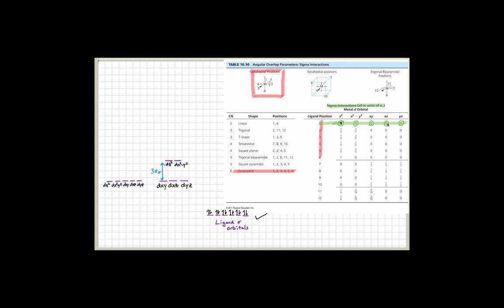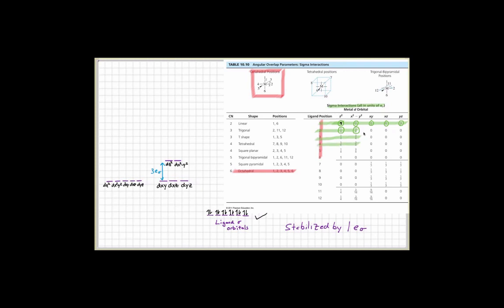Okay, so the ligand orbital 1 is stabilized by 1 unit. At ligand position 2, that orbital is stabilized by its interaction with the dz squared and the dx squared minus y squared by 1/4 and 3/4. And so that's also 1 unit.